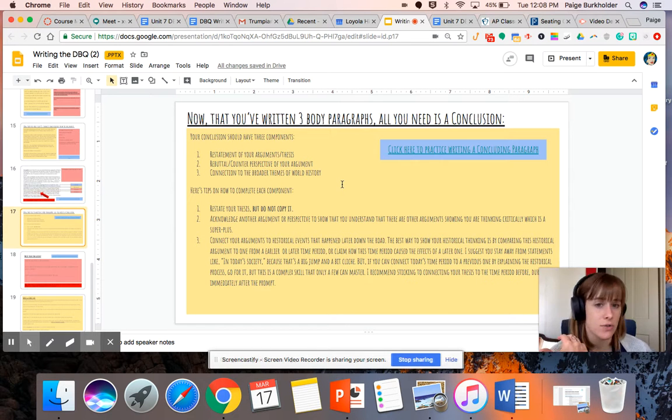And also, by the time they get to your conclusion, they should have already seen that you've used all 6 documents, that you have a thesis, and that you have complexity. And that's where all your points come from. The conclusion could not be there, and you could still get all of the points in the rubric. Okay? But the reason we have the conclusion is because that's what historians do. Questions about that?